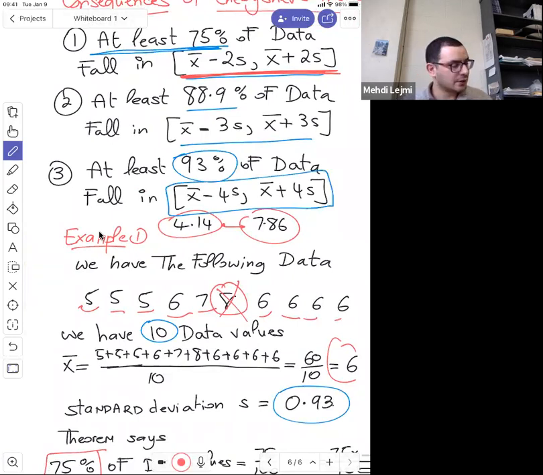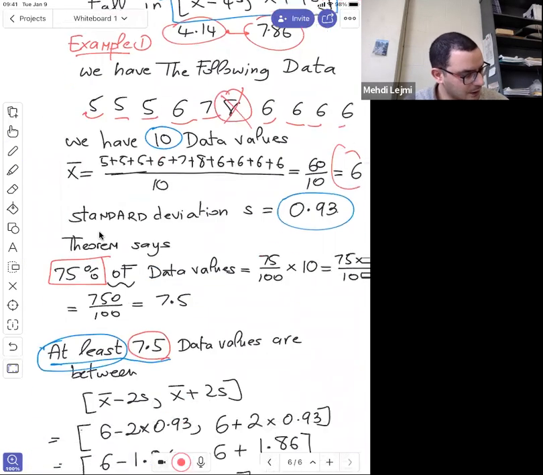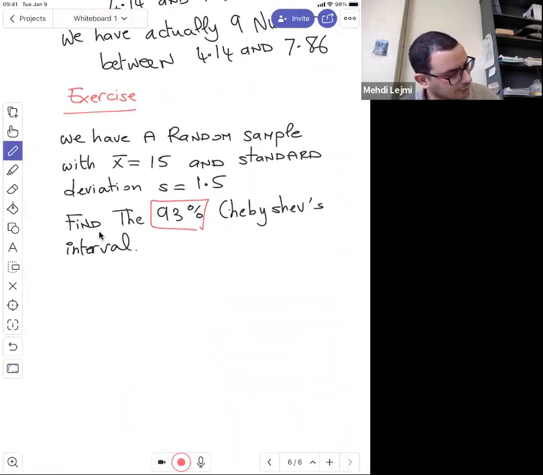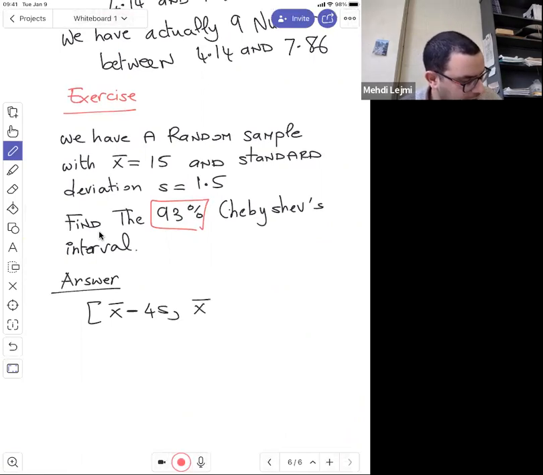So then the answer would be this interval, X bar plus or minus 4S. So the answer is X bar minus 4S, comma, X bar plus 4S.